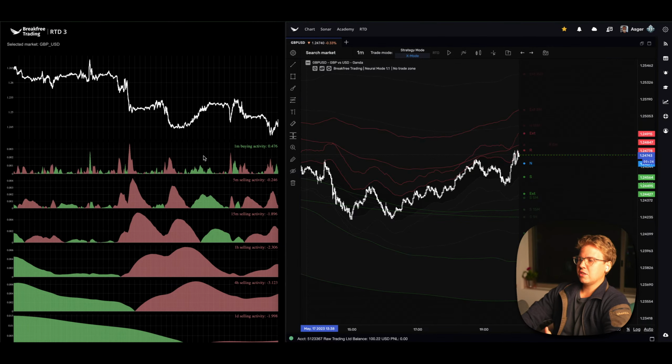Because what this essentially shows us on the left side is the 1 minute time frame, 5 minute time frame, 15 minute, 1 hour, 4 hour, 1 day. And what it's telling us is really what kind of buying or selling activity is going on. This is very important for us to know, because we want to know how many are buying, how much are they buying, how aggressively are they buying, and the same about when they're selling.